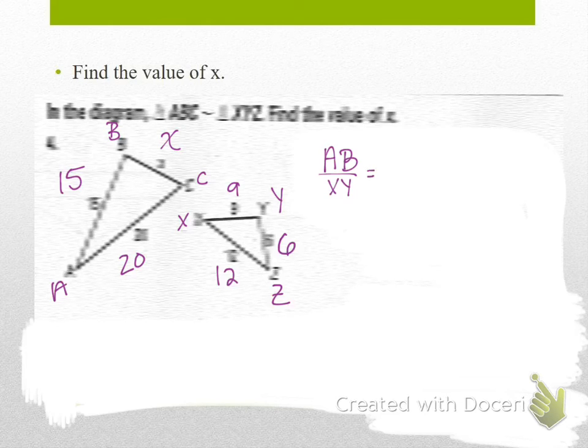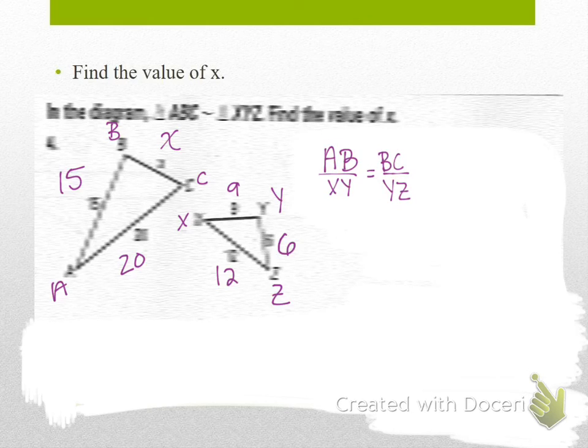XY. Good. Equal to what side would come next on top? BC compared to side YZ. We could go ahead and make the last ratio, but we don't need it. Which side here don't we know? BC. We don't know BC, but we know all the other ones.